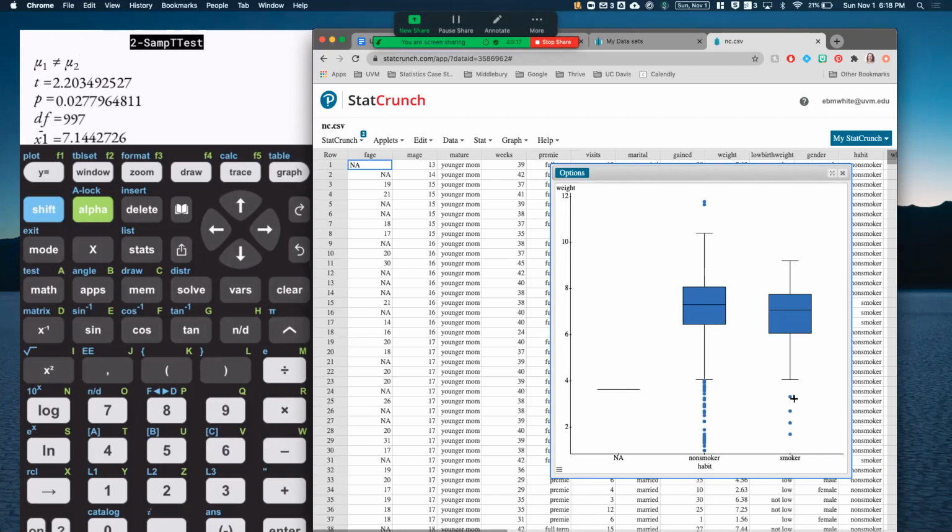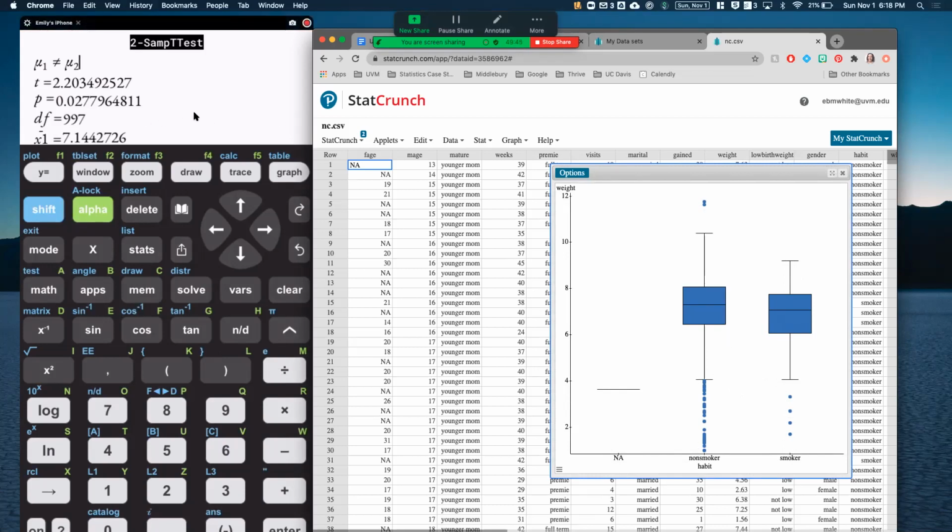That could be diet, that could be exercise, that could be access to healthcare and healthcare information. I'm not totally sure, right? Could be extra variables here that we're not looking at. So I am going to conclude there's significant evidence of a difference in the birth weights between the smoking and the non-smoking group. What I'm not going to say is that I know for sure that the smoking is what caused it.